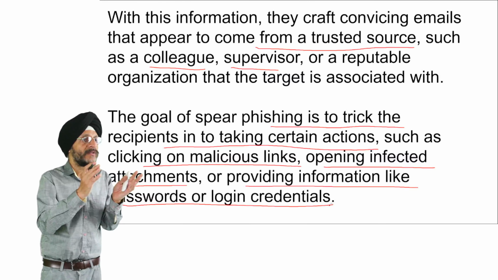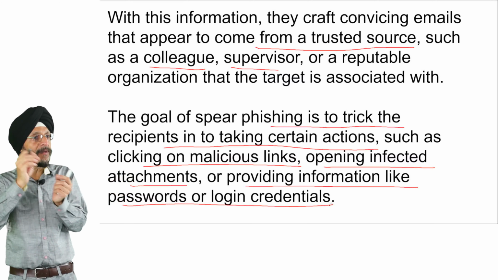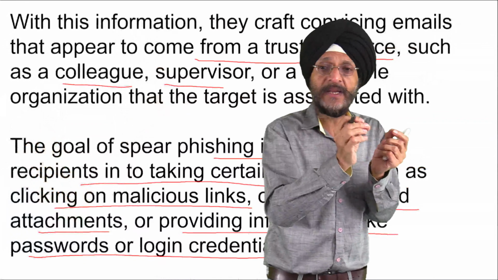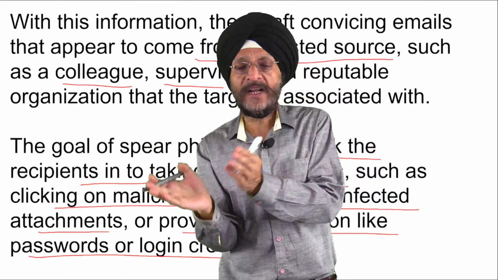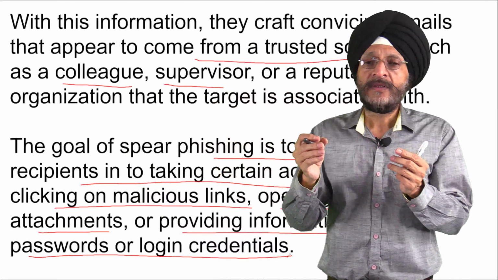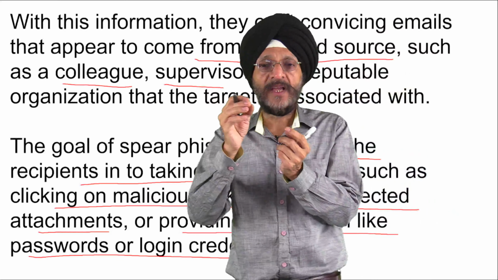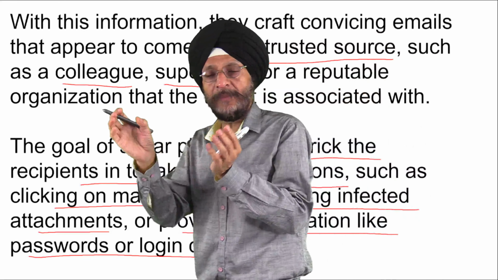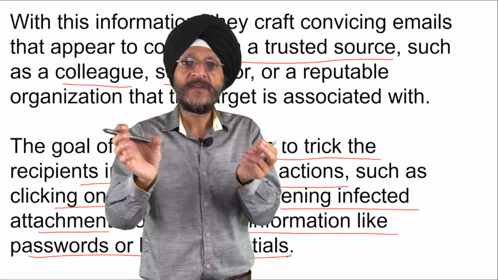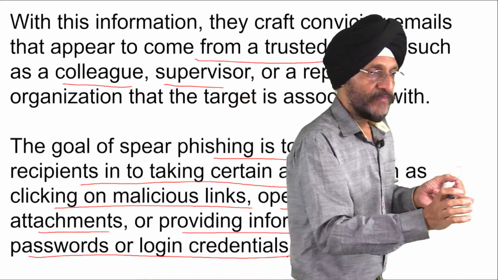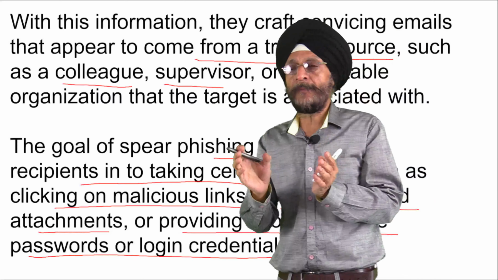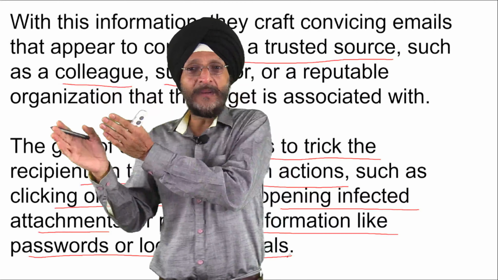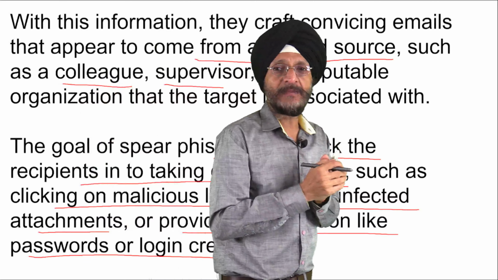For example, suppose a person named B is your friend, they will create an email in the name of your friend and send you a mail in his name, and they may attach something with their email which is having some malicious software, and that email may ask you to open the attachment.